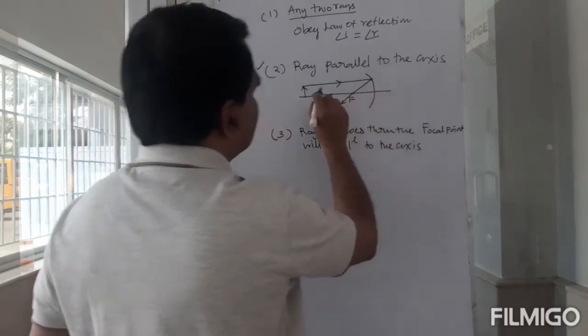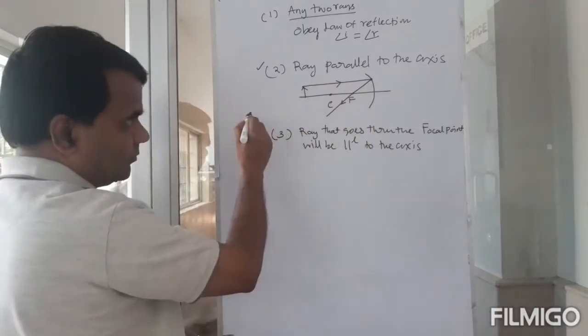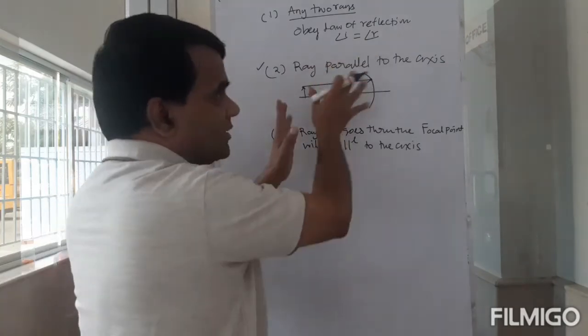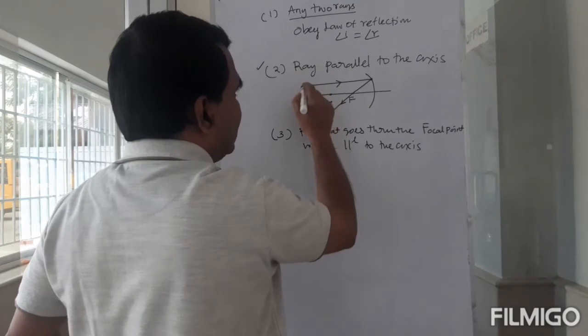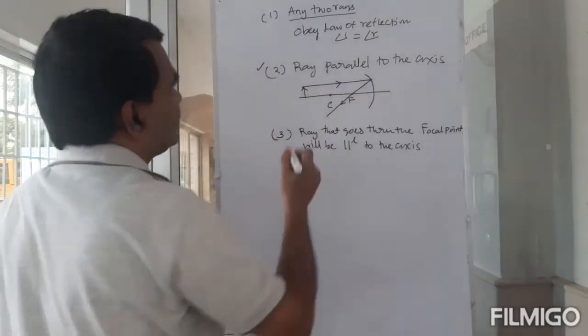This is the axis. If the ray goes through the focal point, then after reflection it will be parallel. So there are many rays. I told you millions of rays are going from this point. I have taken one ray, and my next ray would be this.